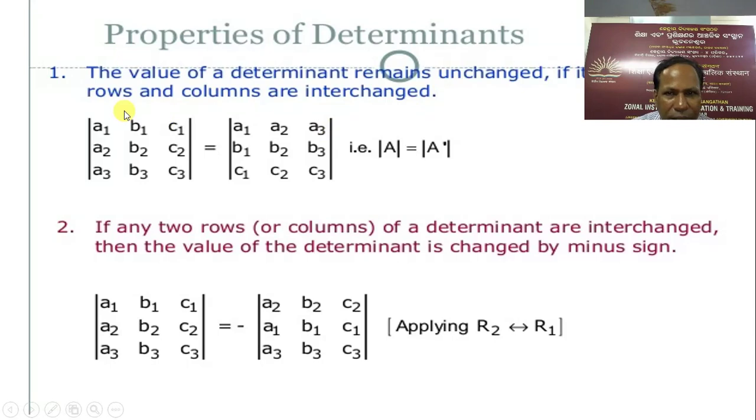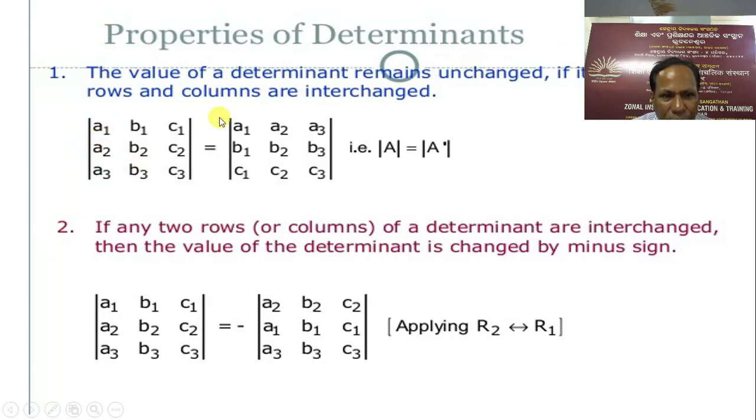The first property is that the value of a determinant remains unchanged if its rows and columns are interchanged. That means rows are changed into columns and columns are changed into rows. Here the first row is A1, B1, C1, the second row is A2, B2, C2, and the third row is A3, B3, C3.